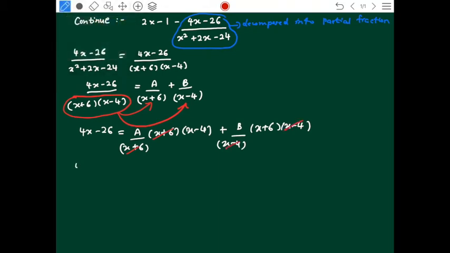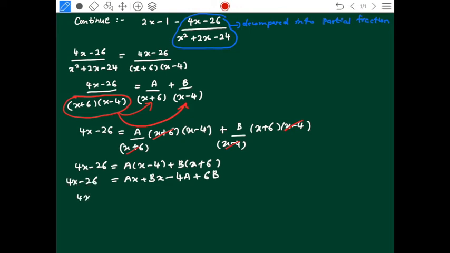So this will be 4x minus 26 equals a times x minus 4 plus b times x plus 6. This will become ax plus bx minus 4a plus 6b. So 4x minus 26 is a plus b times x, then minus 4a plus 6b.